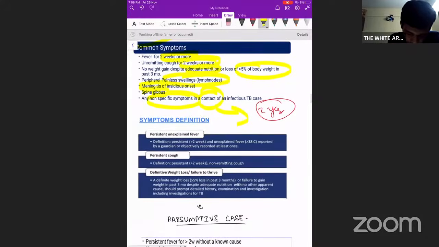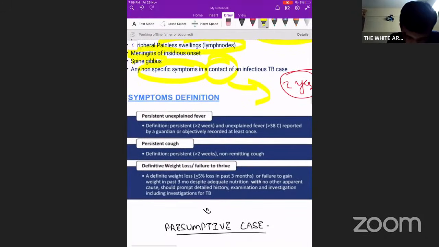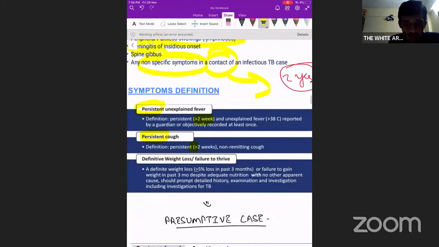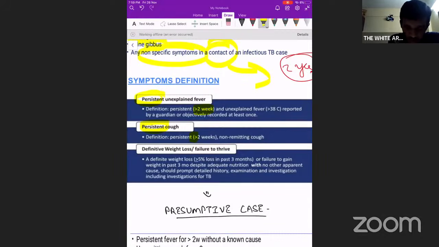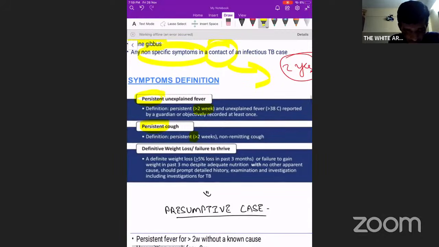So coming to the definition of symptoms, either it is persistent unexplained fever, which is fever persisting for more than 2 weeks where no other etiology can be found, or persistent cough for more than 2 weeks and again no other etiology can be found, or there is significant weight loss or failure to thrive. So what is the definition?